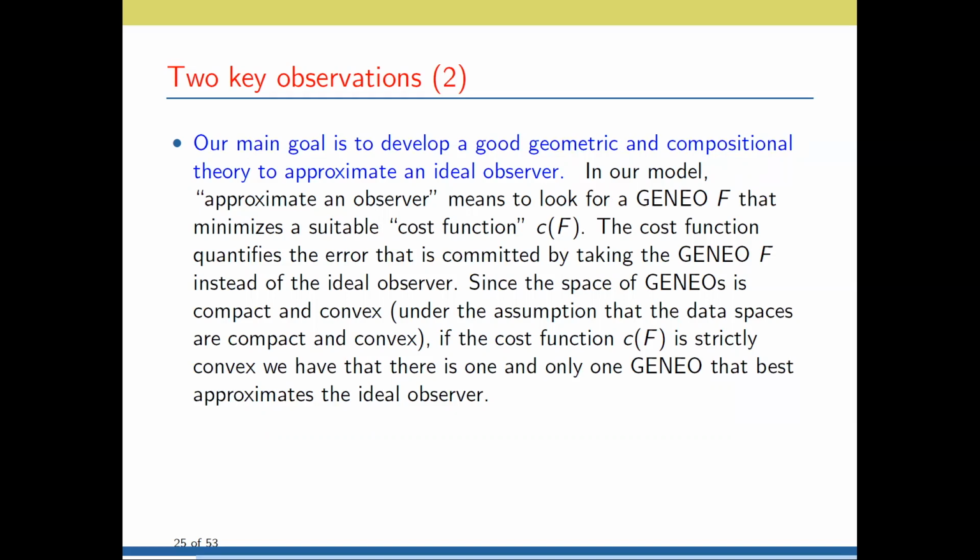The cost function quantifies the error that is committed by taking the GENEO F instead of the ideal observer. Since the space of GENEOs is compact and convex, under the assumption that the data spaces are compact and convex, if the cost function is strictly convex, we have that there is one and only one GENEO that best approximates the ideal observer.